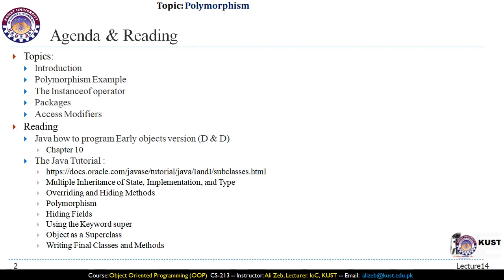Again, the book that we are following for this course is Java How to Program, Early Objects version, and there are some tutorials that you can follow on the links given on this slide, and maybe you can follow other useful material online, and some of the relevant concepts that we have discussed previously, and maybe we discuss some of the others in future classes, can also be seen here on this introductory slide.